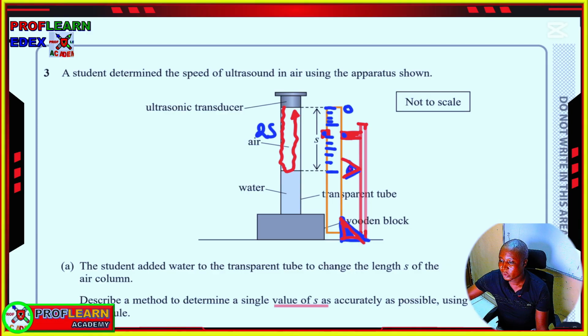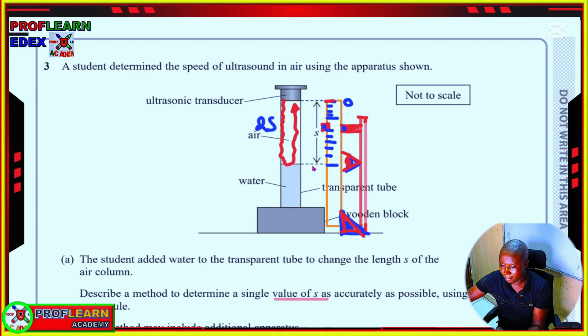And when you are going to read the reading, you are going to ensure that you are reading perpendicularly so that you avoid the error of parallax. So whenever you're using a meter rule, for accuracy, you have to read properly to avoid parallax error. And the zero mark of the meter rule should coincide with the lower part of the transducer so that you can take the measurement.